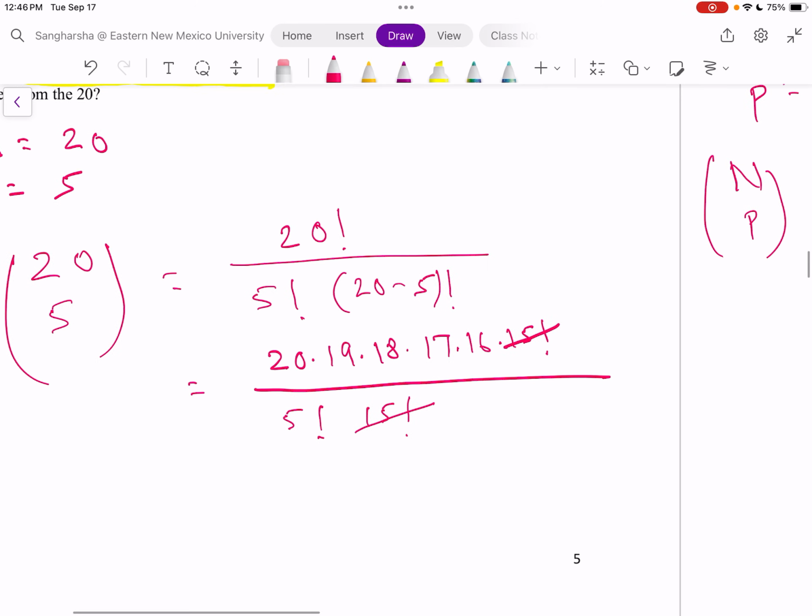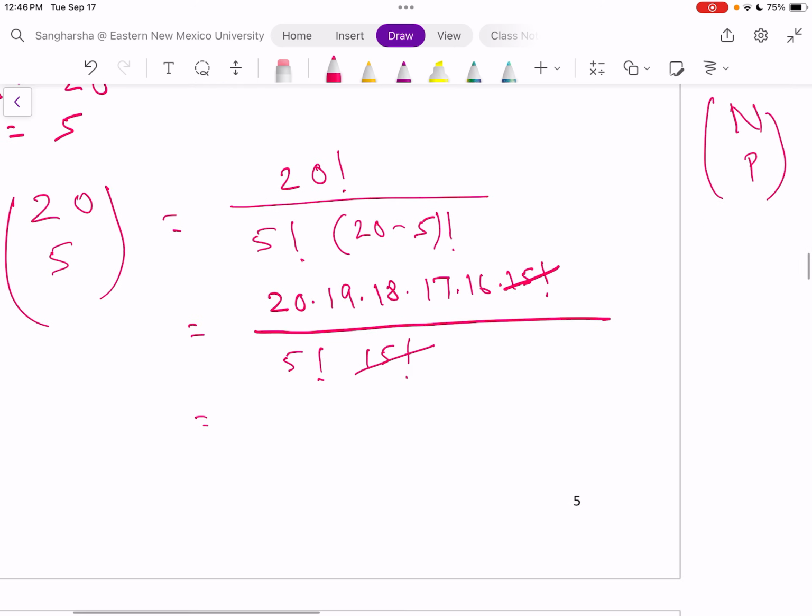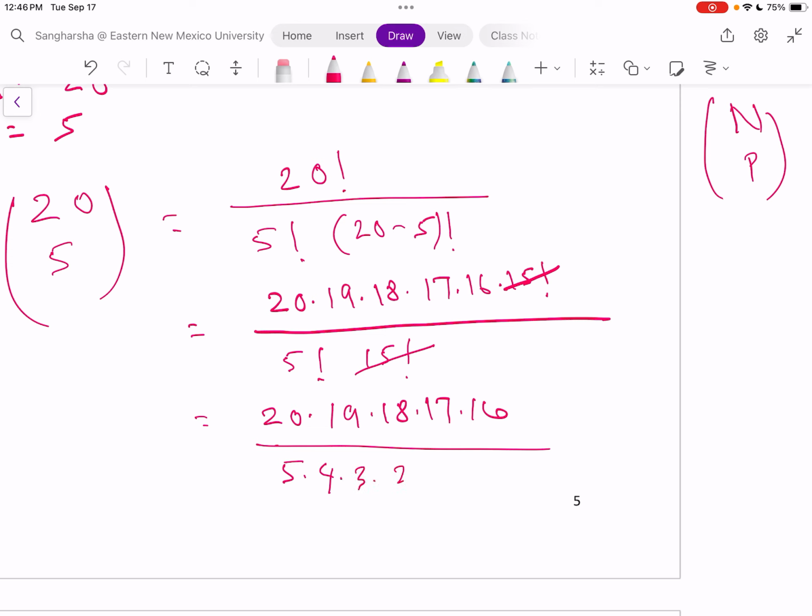If you want to write up to 1, you can go ahead and write. Next we have 20 times 19 times 18 times 17 times 16, and 5 factorial is 5 times 4 times 3 times 2 times 1. Now let's simplify. 5 times 4 is 20, 4 times 4 is 16, 3 times 6 is 18, 2 times 2 is 4.